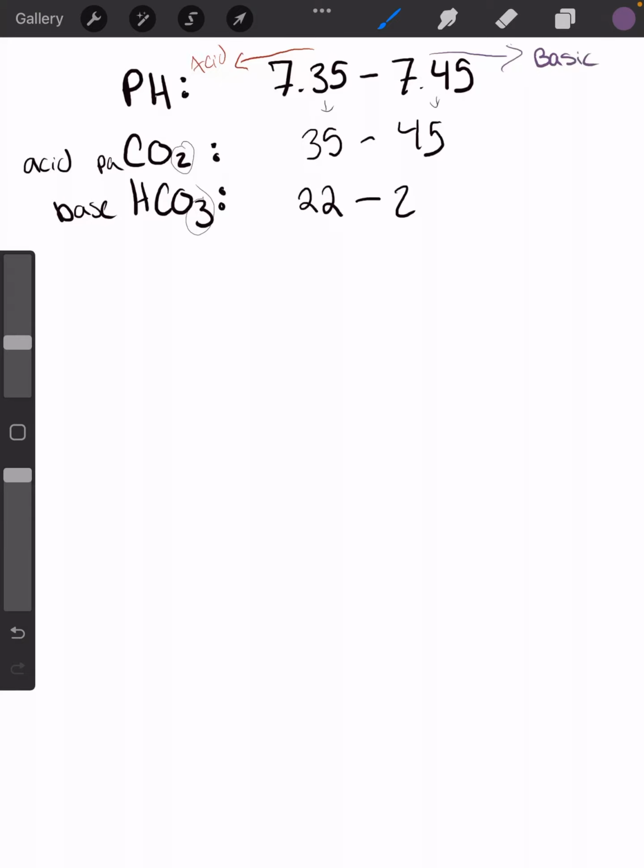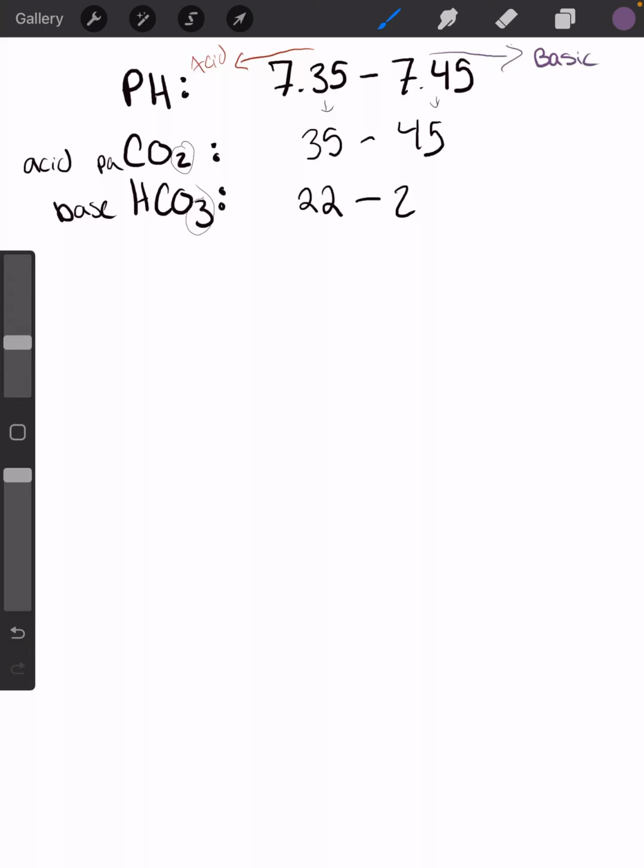How are we going to remember this? Well, this is the price of coffee. If you're a basic bitch, maybe you're getting some oat milk in your coffee. They're going to charge you an extra $1 for that, an extra 50 cents. So it is going to go higher than 7.45. You're going to pay more than $7.45 for your coffee because you're basic and you're getting the extra caramel, the oat milk, whatever.